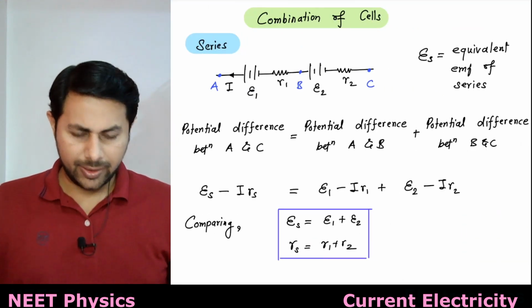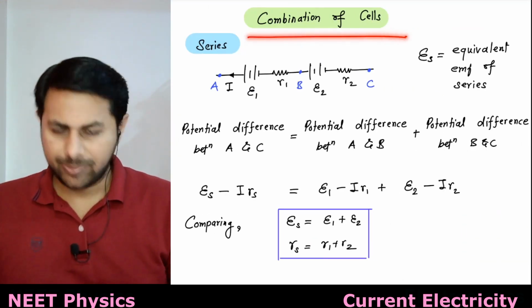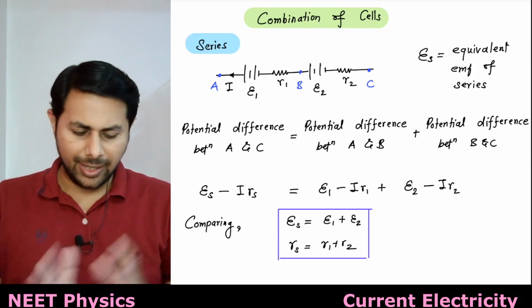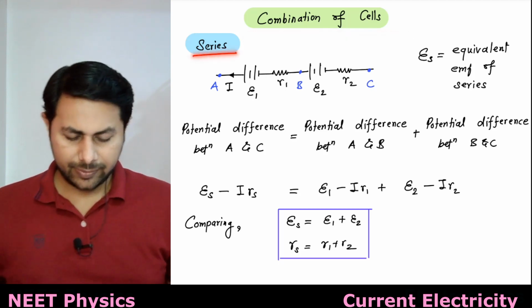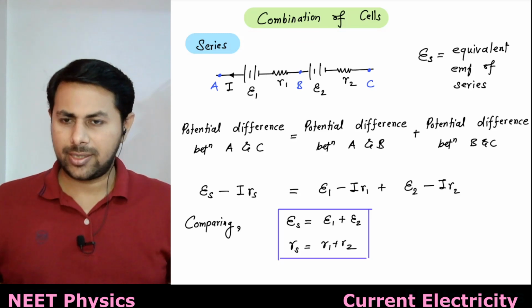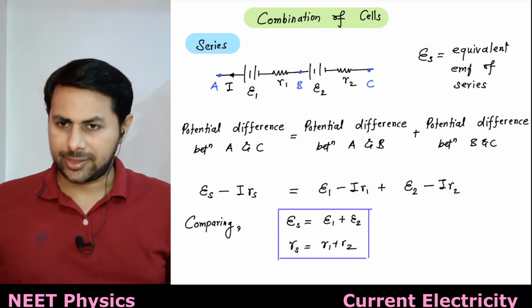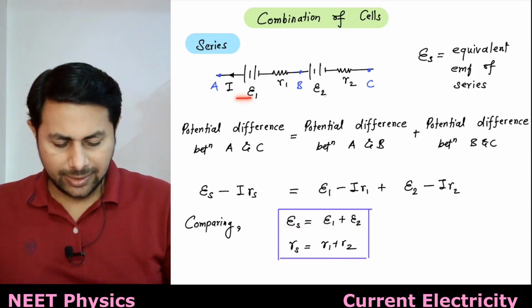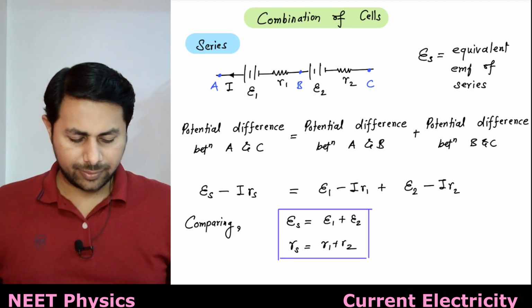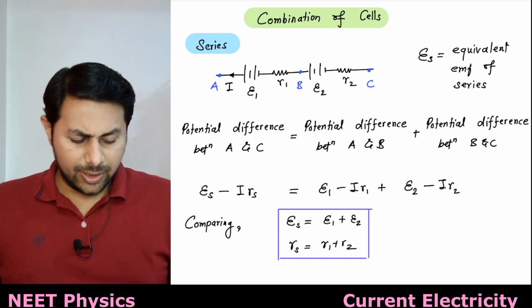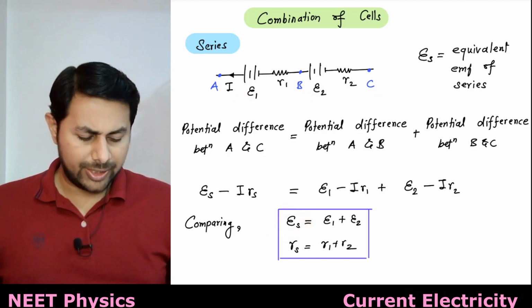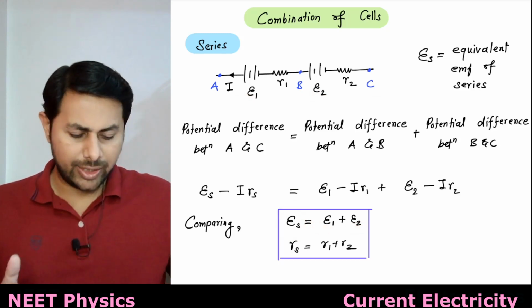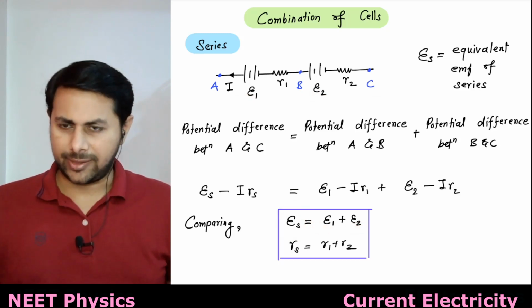So then next is the combination of cells. If you connect n cells in series, what will be the resultant EMF and the resultant equivalent resistance? If you connect n cells in series combination, the total EMF will be just the sum of the individual EMFs of all the cells.